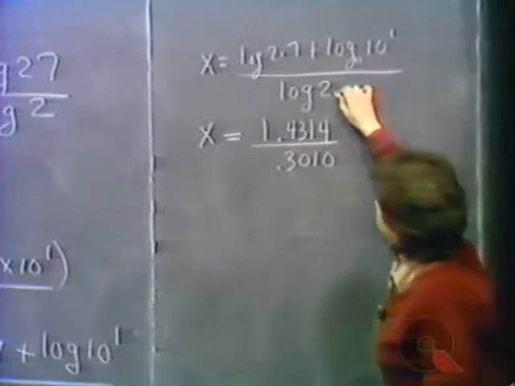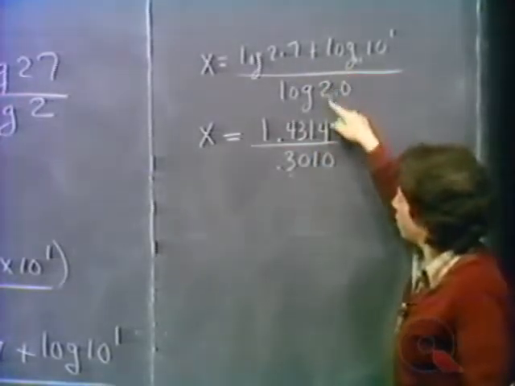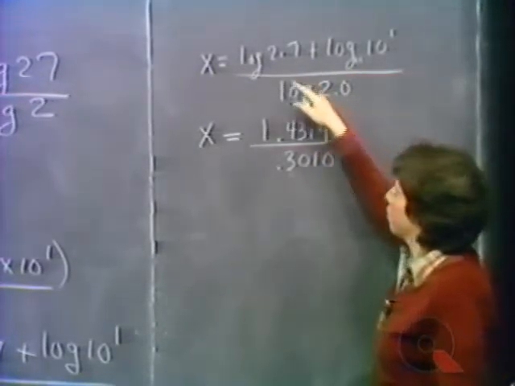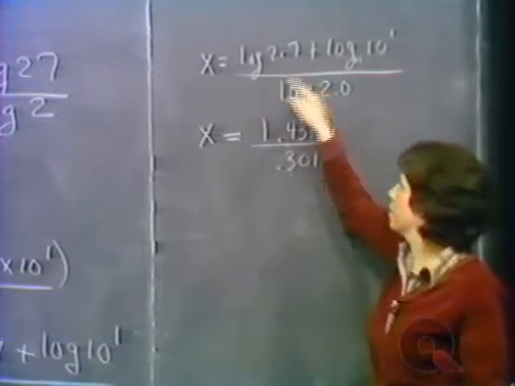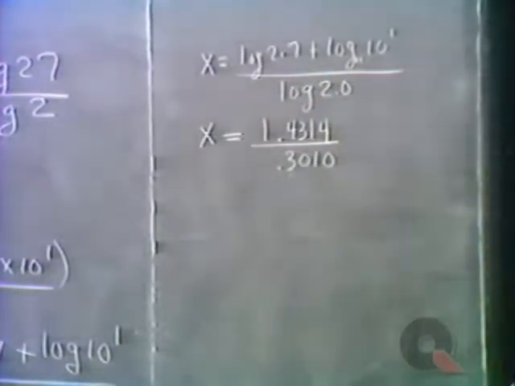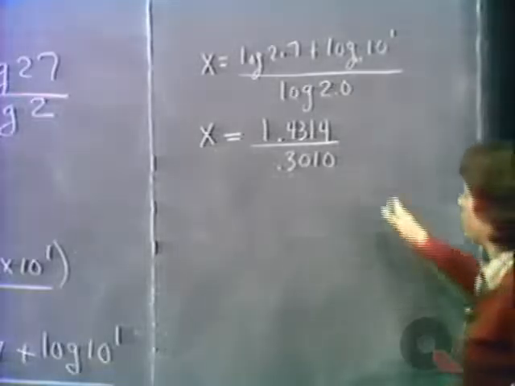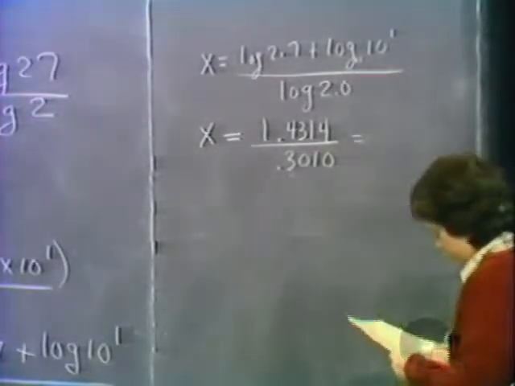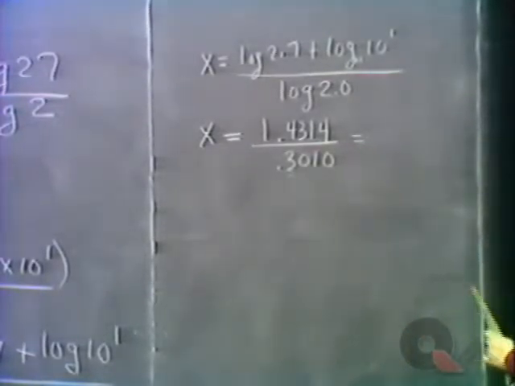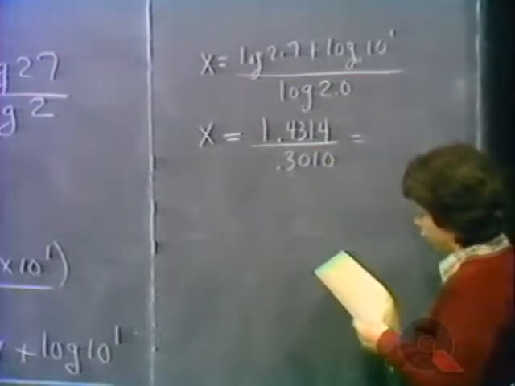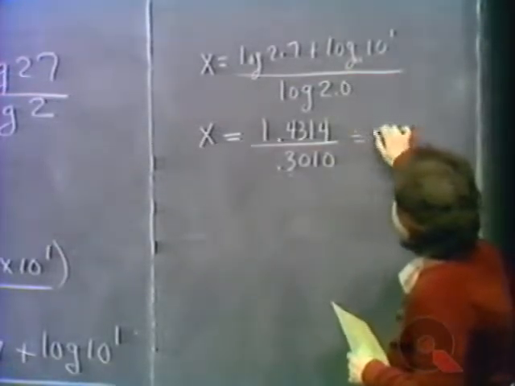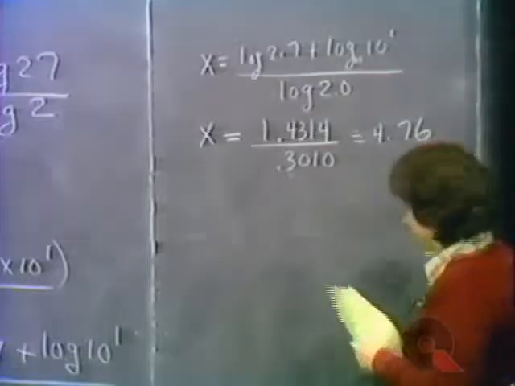So once again, this is like 2.0, so we look down the left side to 20 and across to 0. Here we look down the left side to 27 and across to 0. So x is 1.4314 divided by 0.3010. We can do that calculation, and we get that it's approximately equal to 4.76.